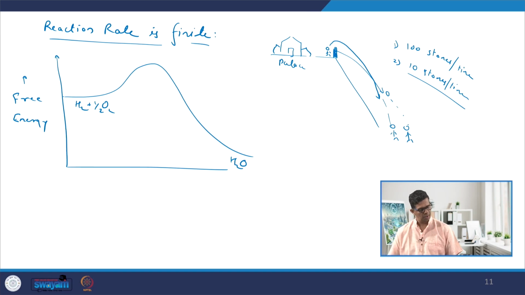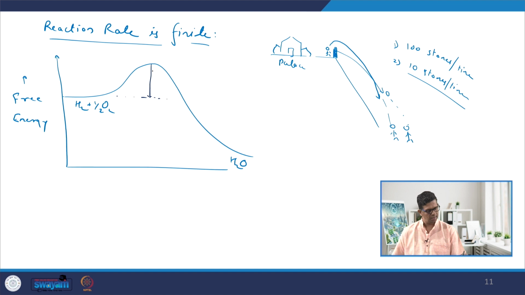Similarly, if you want to convert the reactant species into product species, there is some reaction barrier, and let me highlight that with a different color.